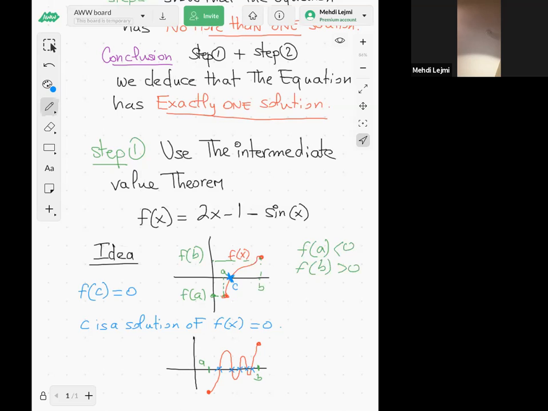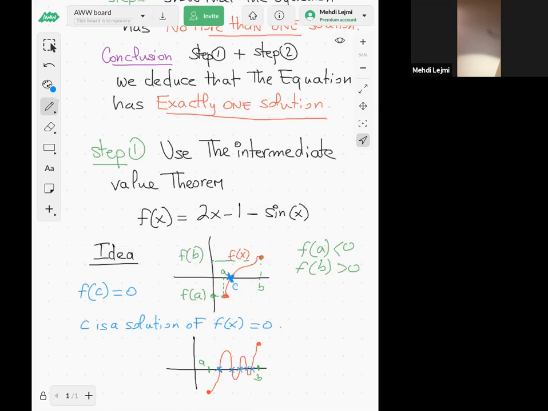But you're going to cross the x-axis at least one time, right? Because if you go from negative to positive, you have to cross the x-axis at least one time. So that means that with the intermediate value theorem, you know that there exists at least one solution of f of x equal to 0. Of course, you could have more than one.